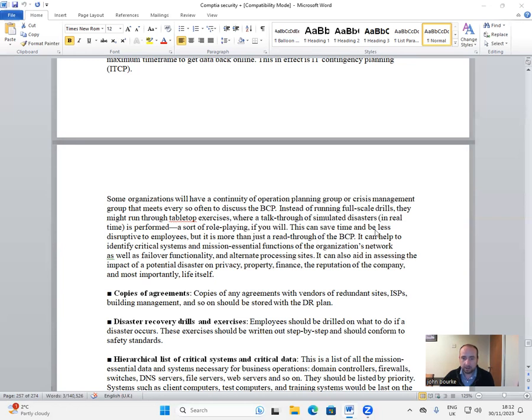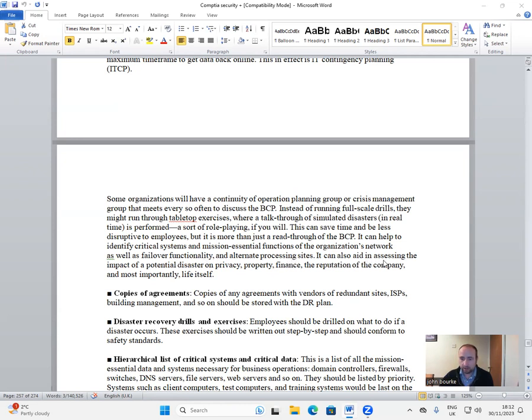This can save time and be less disruptive to employees. But it is more than just a read-through of the BCP. It can help to identify critical systems and mission-critical functions of the organization's network, as well as failover functionality and alternative processing sites.